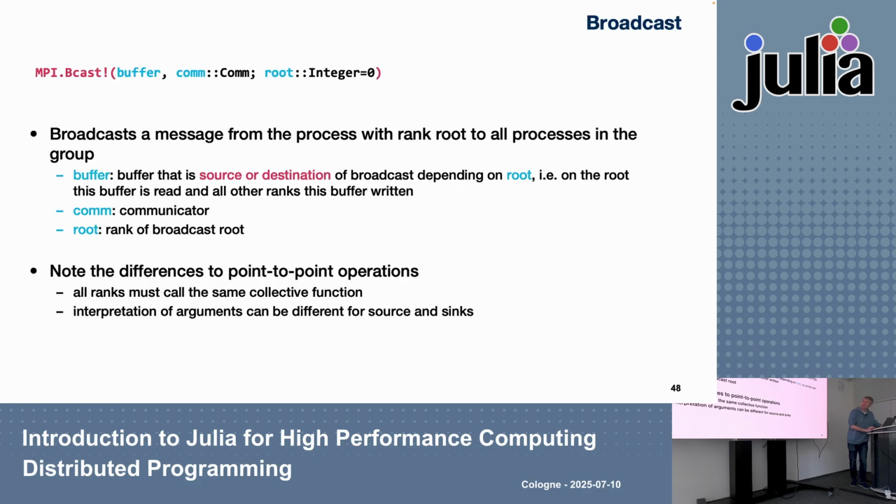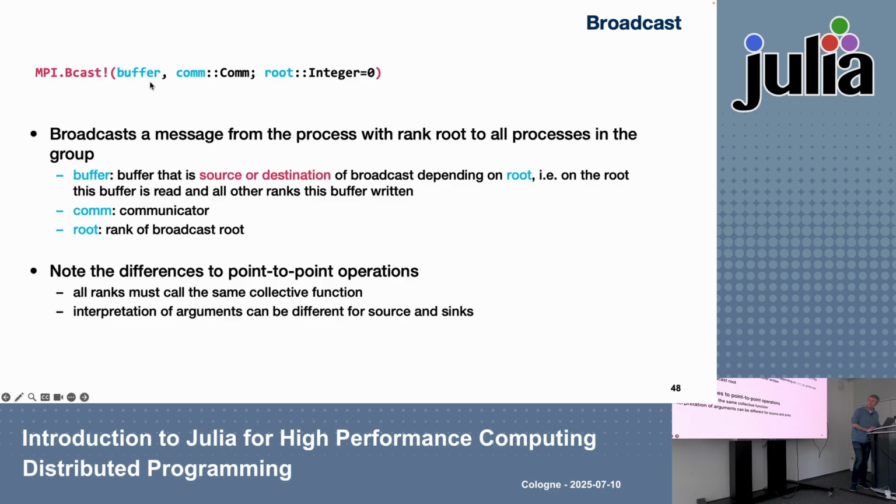So we have here the broadcast, we have a buffer, and we only give it a group, because everyone in this group is involved. And we have the special rank that decides which data has to be broadcasted.